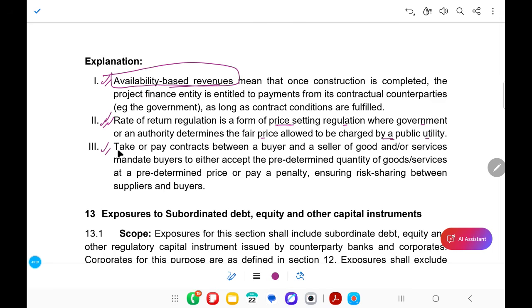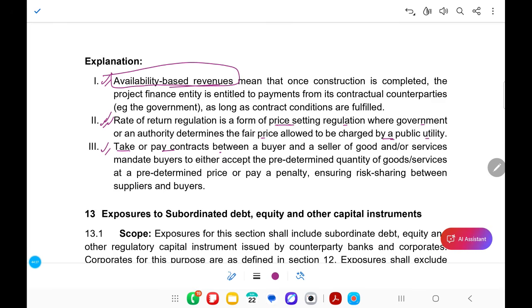And the third one is take or pay contracts. So what are take or pay contracts? Basically, these are agreements between a buyer and a seller that guarantee the seller will generate a predictable income. The contract forces the buyer to either take a specific pre-agreed amount of goods or services at a set price or pay a penalty if they decide not to buy them.